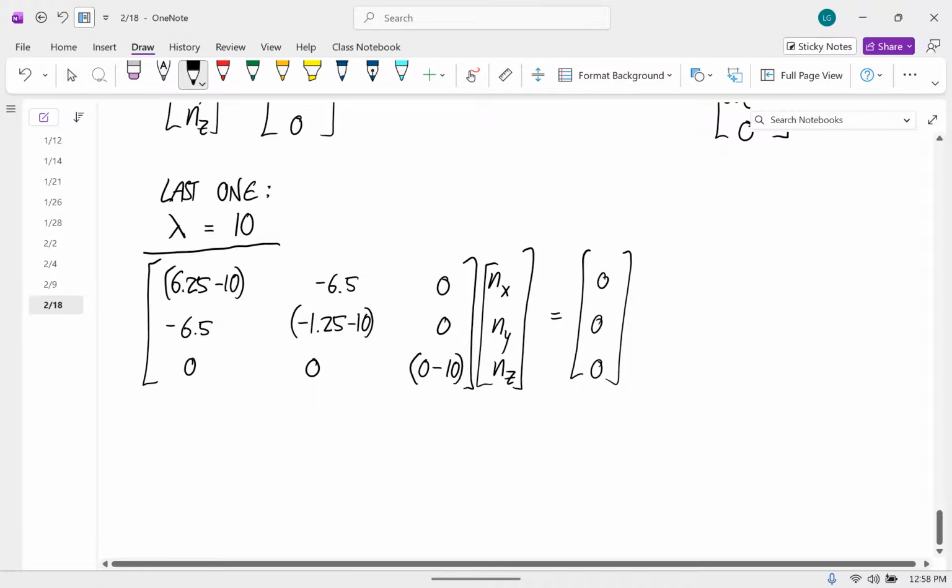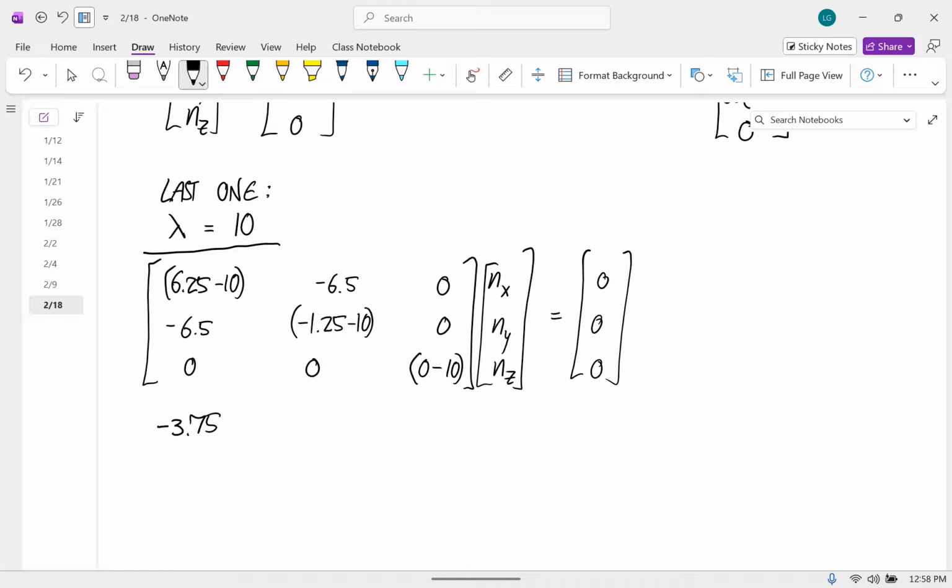And so that gives negative 3.75 nx minus 6.5 ny is equal to 0. And then we have negative 6.5 nx minus 11.25 ny equals 0. And then negative 10 nz is equal to 0.